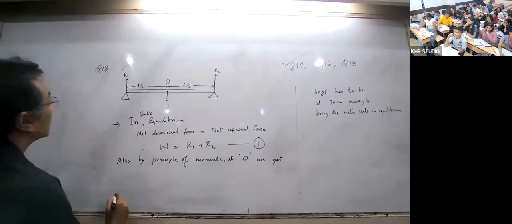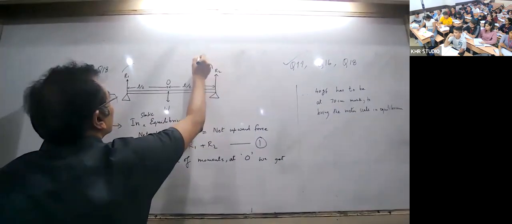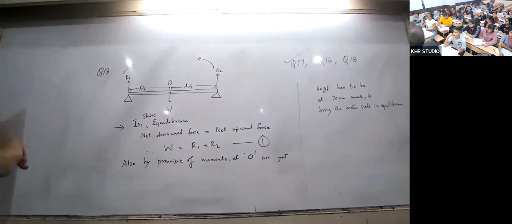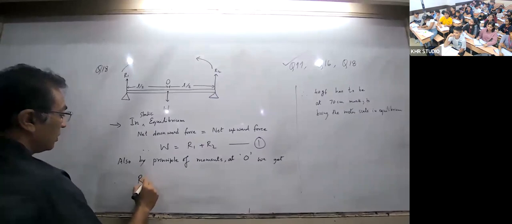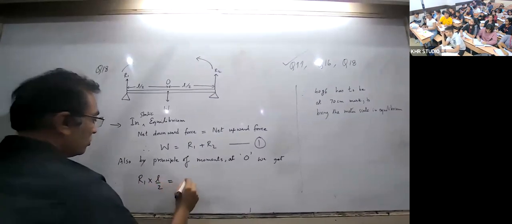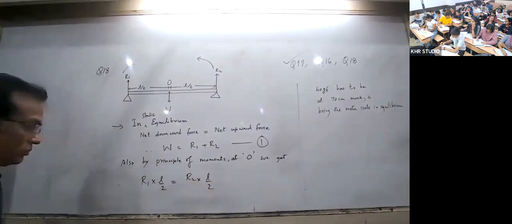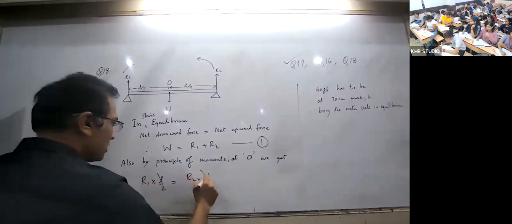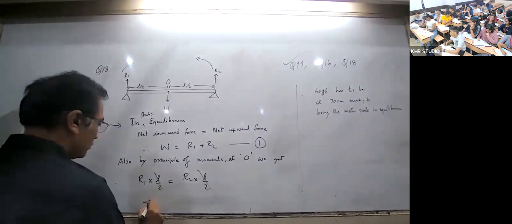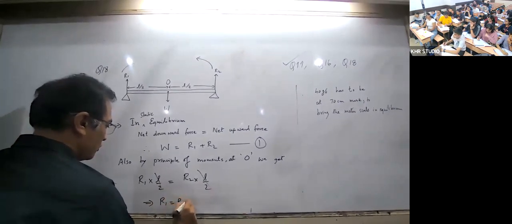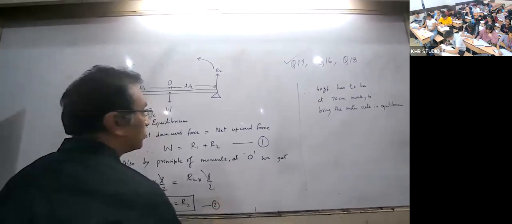What do we get? This is an anti-clockwise moment, and this will be a clockwise moment from the reaction, right? So we have R1 into L by 2 is equal to R2 into L by 2. So this gives us R1 is equal to R2. This is equation 2.